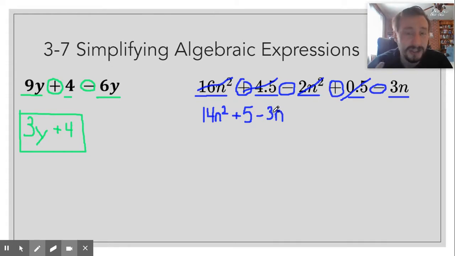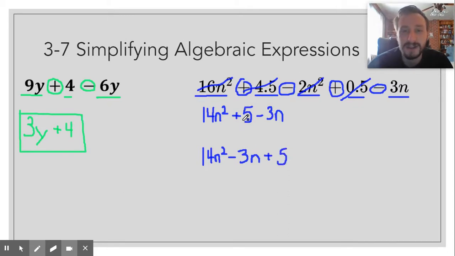Now on the test, just so you know, you might see that these numbers are rearranged. The reason that we do that is just so that you keep your expression looking clean and neat. It's kind of like this is a number sentence, and we just want to make sure things are in the correct order. So the other way you might see this written is 14n squared minus 3n, so putting the things that have variables together, and then just having your constant off to the side, so plus 5.